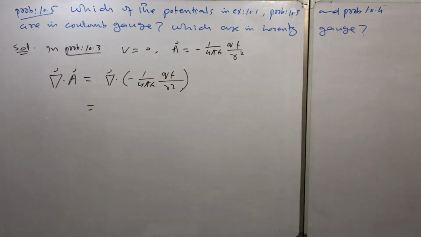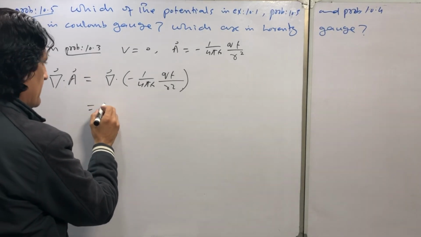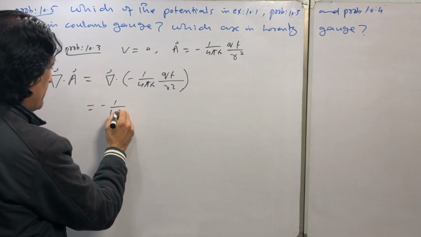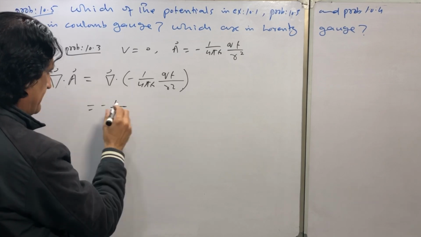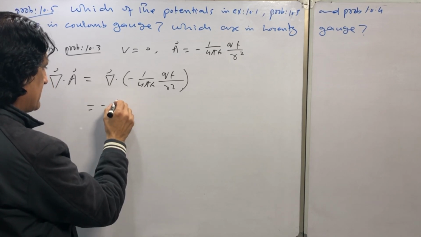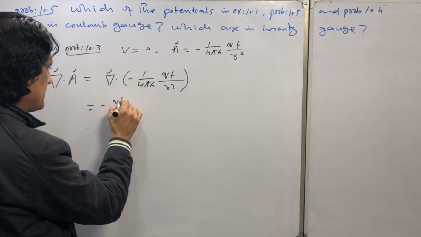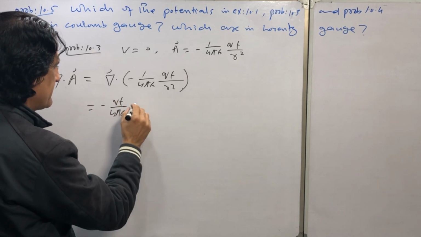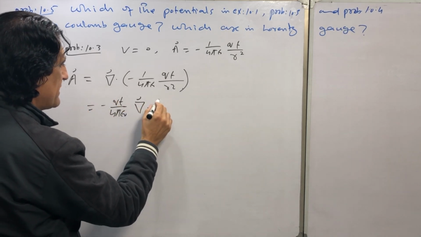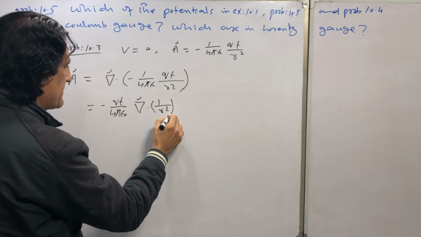And from this, minus 1 over 4 pi epsilon naught, and also we can take qt outside, and the divergence of 1 over r square.